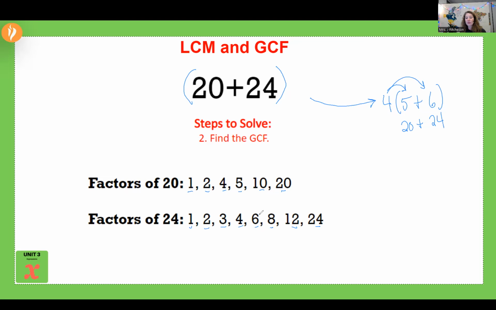And now we want to find the biggest number that is a common factor of 20 and 24, and that number is 4. So I'm going to pull out a 4. So basically what I'm doing is I'm dividing everything in the parentheses by 4. So what's 20 divided by 4? It's 5. And 24 divided by 4 is 6. And so that's how we're going to do the next few problems.